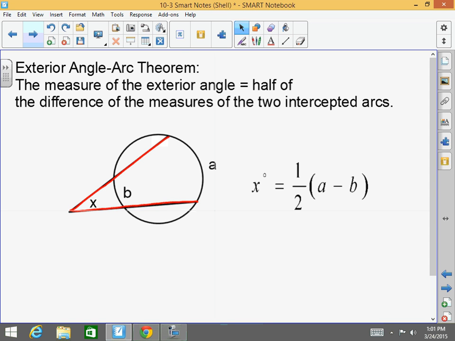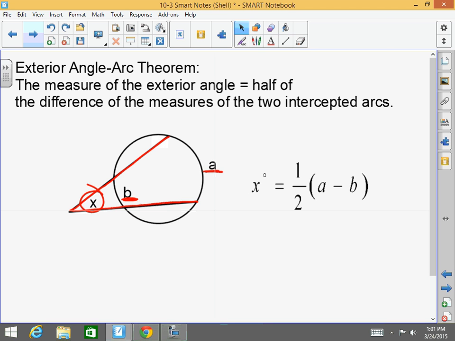So what that means is that x here will equal 1/2 of A minus B. And it has to be in that particular order, because if you can see, A is larger than B. So if you do B minus A, you're going to have a negative, and that is inaccurate.